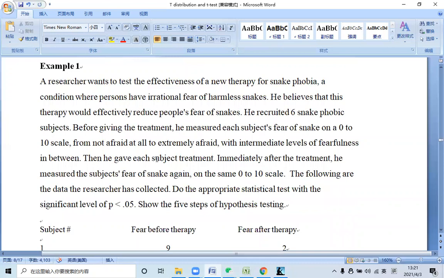And then he gave each person treatment. Maybe this is behavior therapy. You make them interact with a harmless snake so they get used to it. They are no longer afraid of it, hopefully. And immediately after the treatment, he measured the subject's fear of snakes again using the same scale.